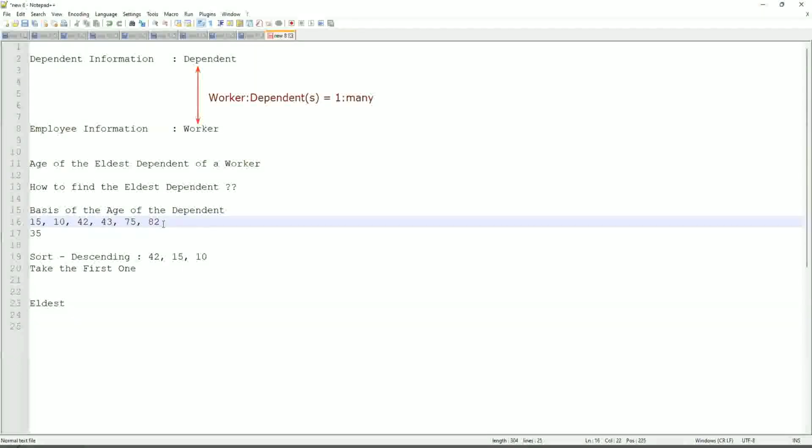So the first thing that we are going to do is find out the eldest dependent. So we will sort the dependents based on the age. And then we will see what is the criteria on the basis of which we are choosing. But first, you realize that we are going to store the new calculated field in which business object, worker or dependent?